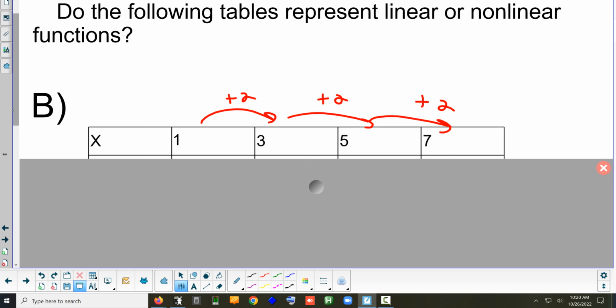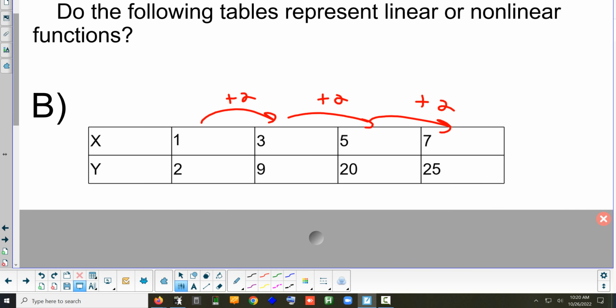Is that enough information to tell us if it's a linear function? What do you think? No, we have to check the y's. So let's check those. There's your y's. Is there a pattern in the y's? It doesn't have to be +2. It could be another number. But is there a number that you add or subtract each time to get from one to the next?